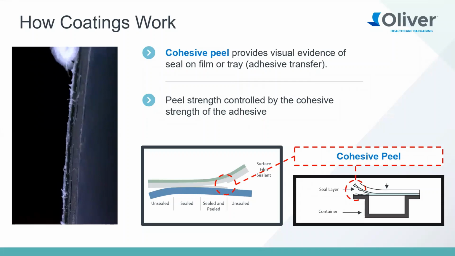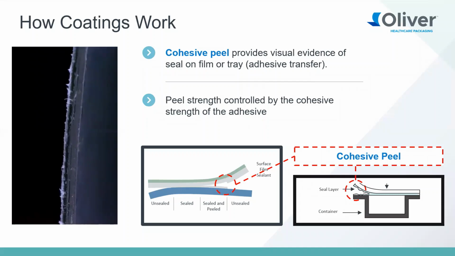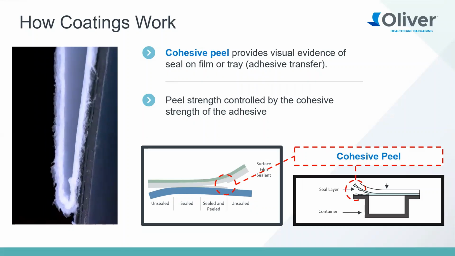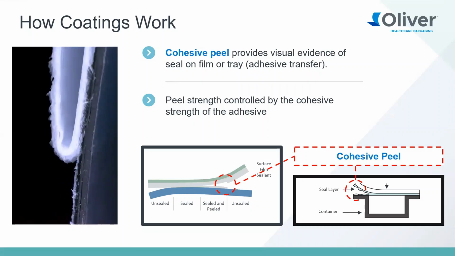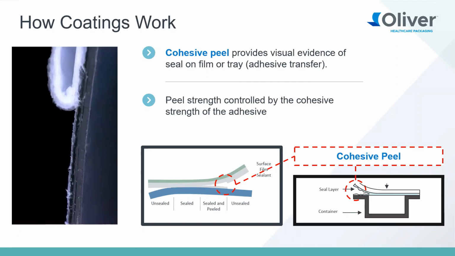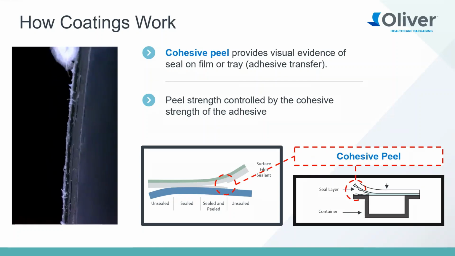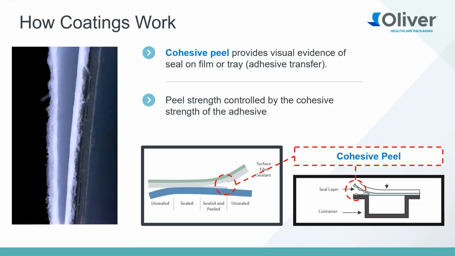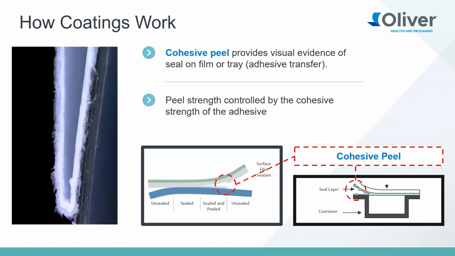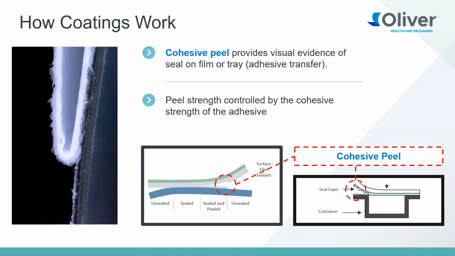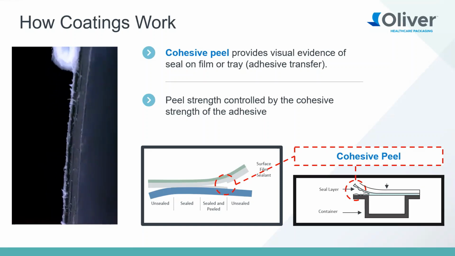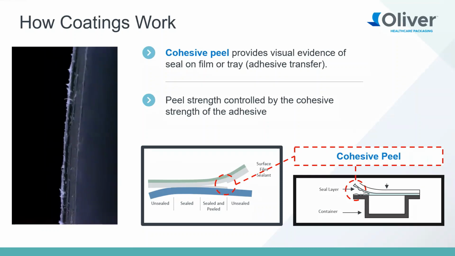That little diagram is kind of a basic diagram of a tray that has let's say a Tyvek lid that's coated. So when you peel off the coated lid, that coating is splitting cohesively. So some of it's staying on the Tyvek, and then some of it's staying on the tray flange, which gives you that nice visual recognition of the seal.